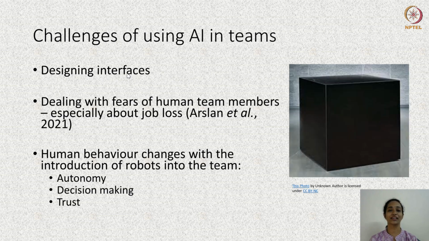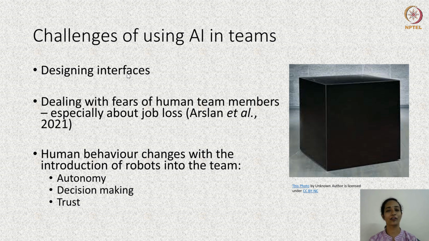The first challenge is designing the interface. Now, please go back to where I asked you to imagine having a conversation with your AI teammate. Your AI teammate is very likely to be incapable of catching your expressions or any changes in your emotions. It's very likely only to be capable of taking certain specific instructions and, based on certain pre-programmed rules, carrying those out.